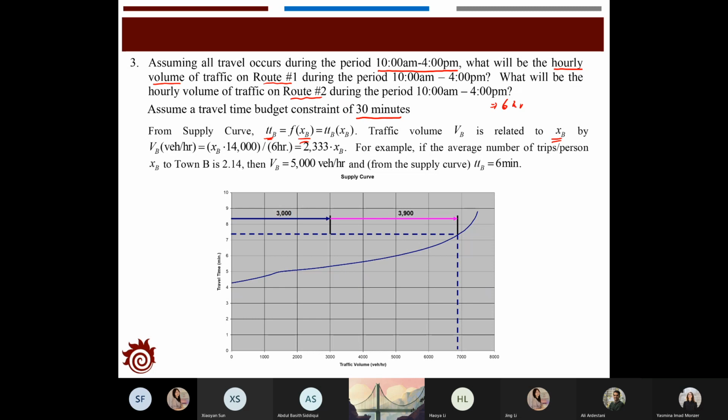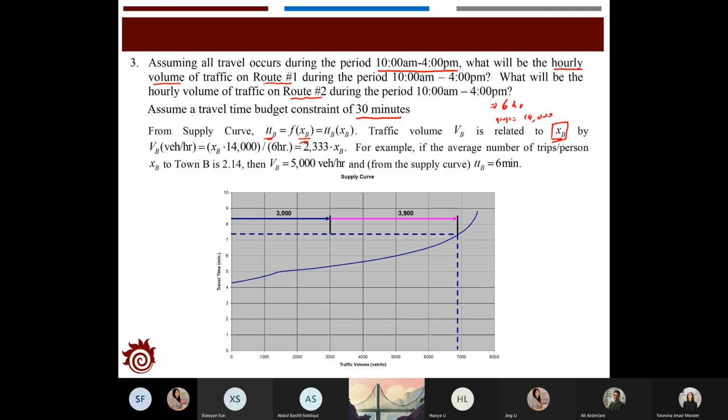And we also know that the population is 14,000 in town A. That indicates that we can find the hourly volume based on the period, the daily trips each person is going to take, and the total population. In this problem, we assume that the number of activities each person will take in town B is XB. So this is what we want to identify.